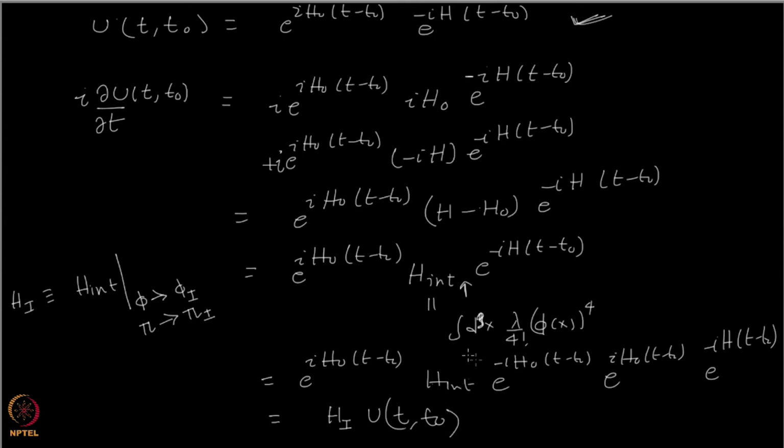So what I have got is a differential equation, i del U over del t equals H_I U(t naught, t), right? So it's a differential equation for U which involves H_I, and H_I is constructed out of phi_I's. So when you solve for U using this equation, the solution will involve only phi_I's, right? And that is what we wanted to do.